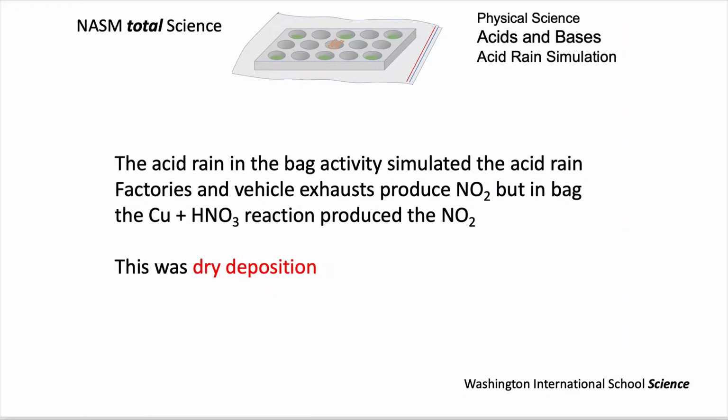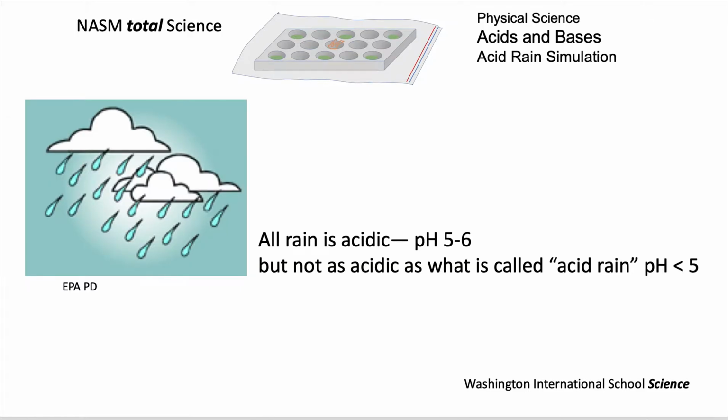So we need to explain that in the bag we are simulating dry deposition. Factories, vehicle exhaust produce NO2, but we've got the chemical reaction in the baggie. And all rain is acidic, pH below 7, but not all is described as acid rain.